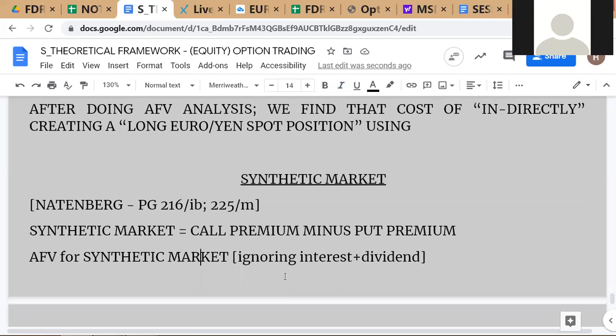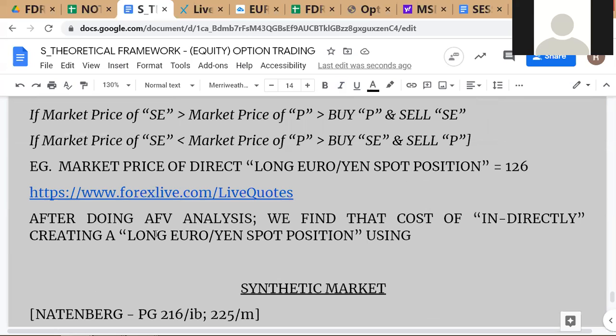After doing AFP analysis, which is nothing but looking around to see if, for this long euro yen spot position that we can take directly by paying 126 yen per euro, you ask yourself, is there anything in the market that allows me to create a long euro yen position using some other market instrument combinations, and basically trying to construct a synthetic equivalent of the long euro yen position? And that's basically what the AFB analysis is.